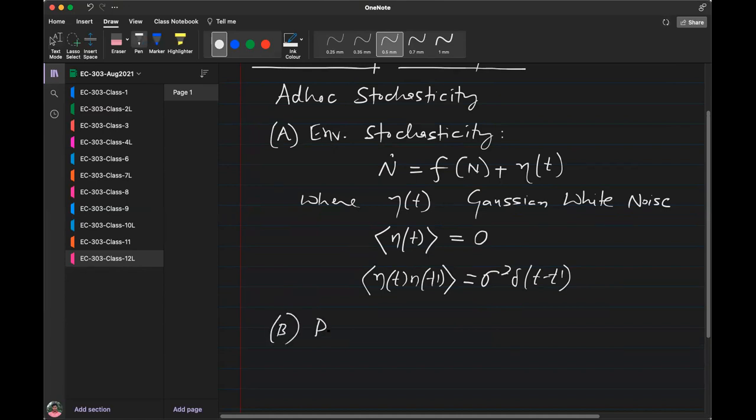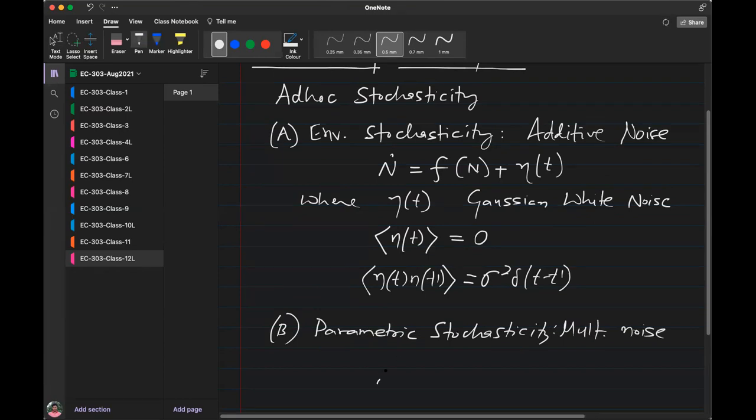Then we also had something like parametric stochasticity, and when we have parametric stochasticity, this leads to multiplicative noise, whereas environmental stochasticity leads to additive noise.